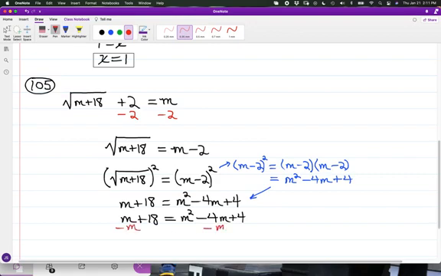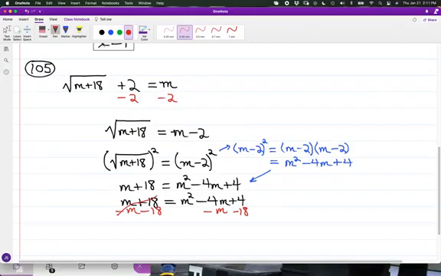So we have minus m as well as minus 18. So here we have 0 is equal to m squared, and negative 4m minus m becomes negative 5m. 4 minus 18 becomes minus 14.